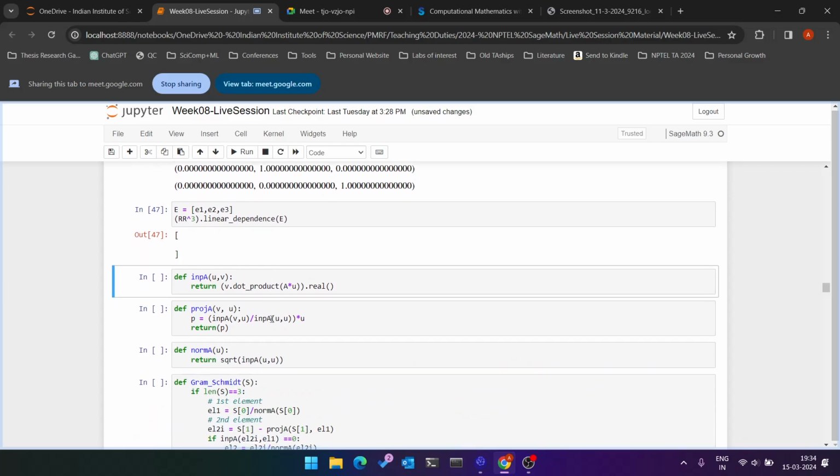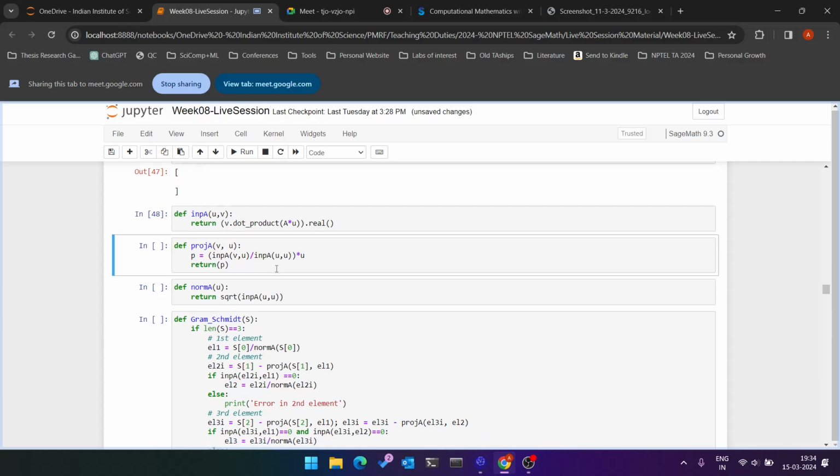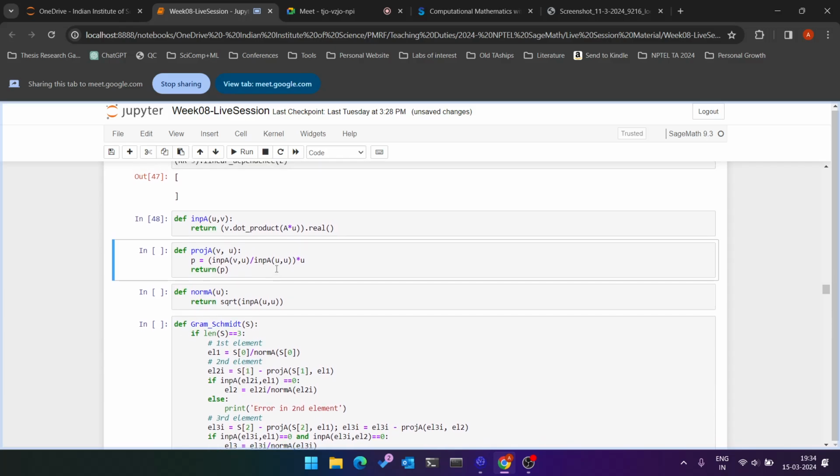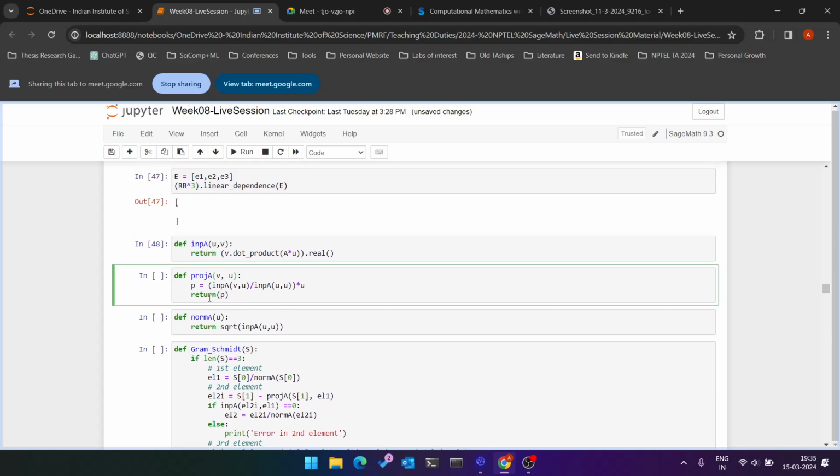Next, I define the inner product between u and v as the dot product between v and A into u. I'm also defining the orthogonal projection of v with respect to vector u using the same formula that we have seen above.